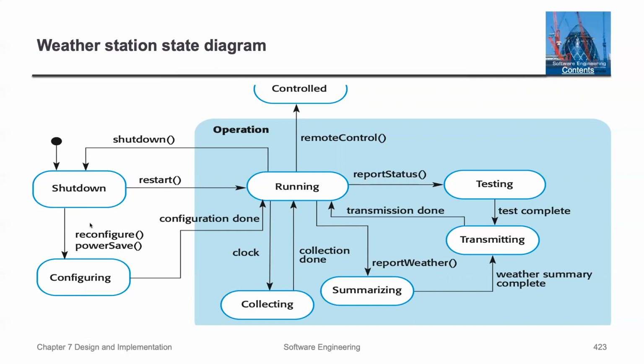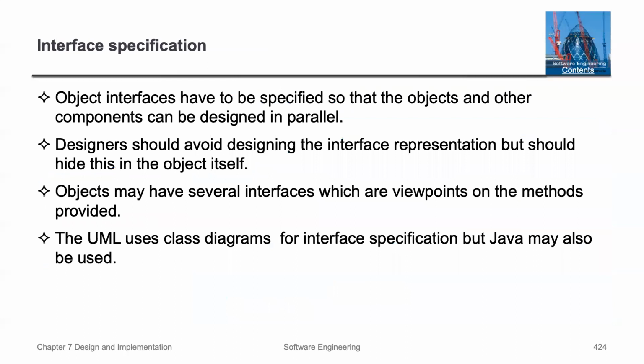But once you finally go into operation, that's what you have in this blue part of the figure. And so you can be in running, collecting, summarizing, transmitting, and testing modes. And these are the various relationships between each of those states that the weather station can operate in.